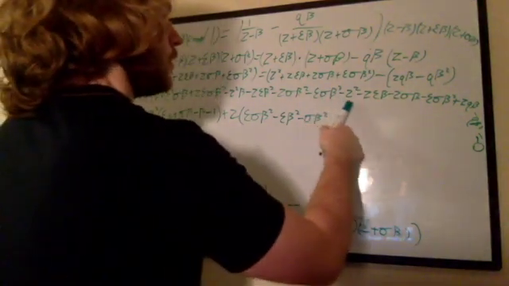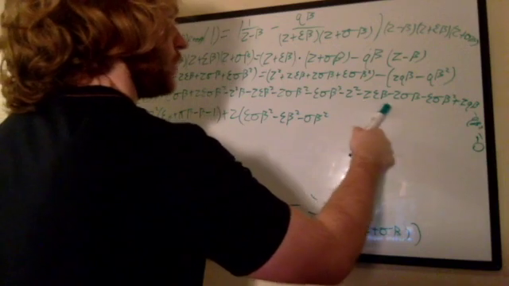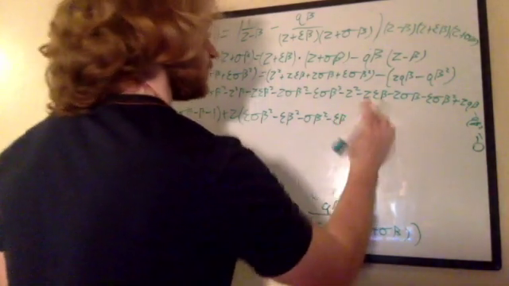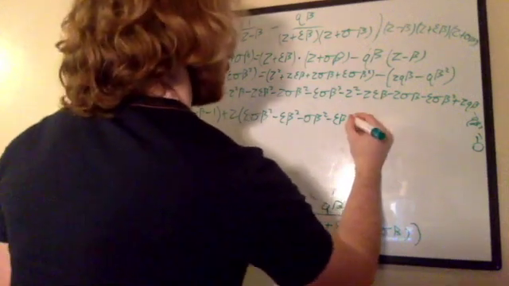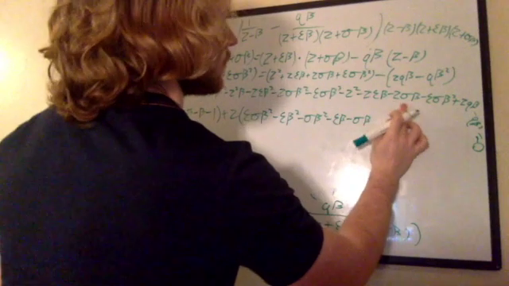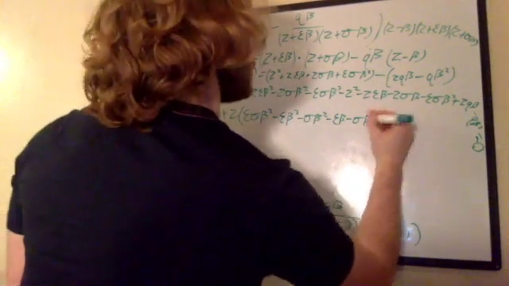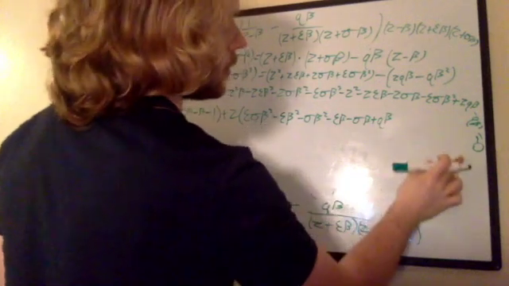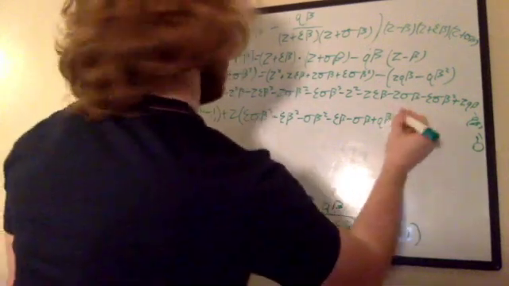Let's see here. Any more? Minus epsilon beta, minus sigma beta, plus q beta. And that looks like it wraps it up for our z terms.